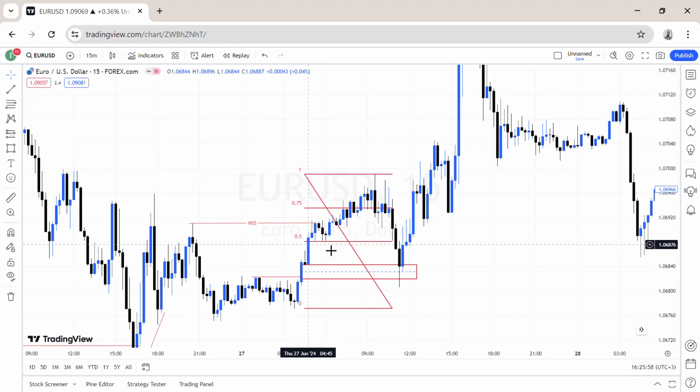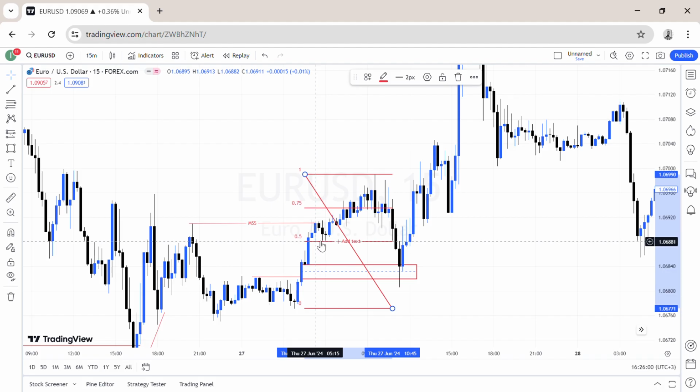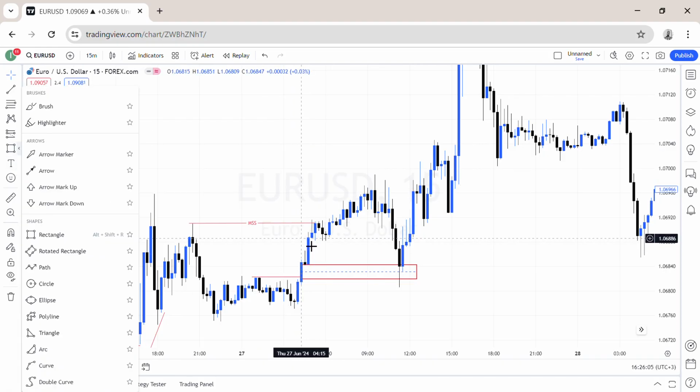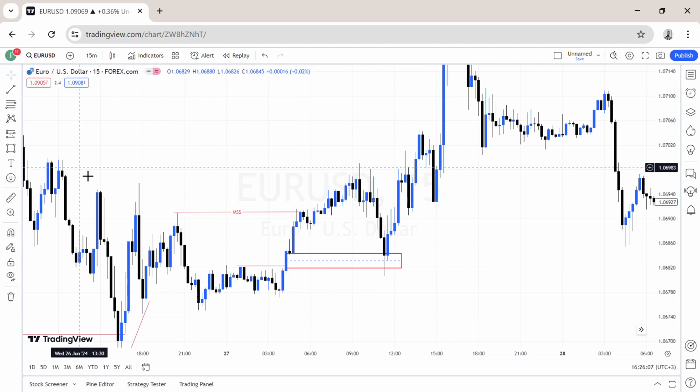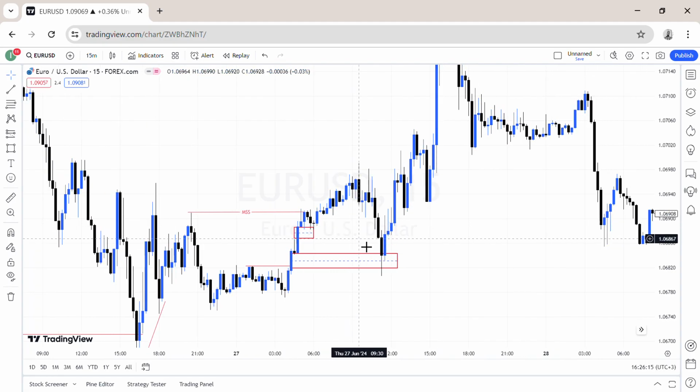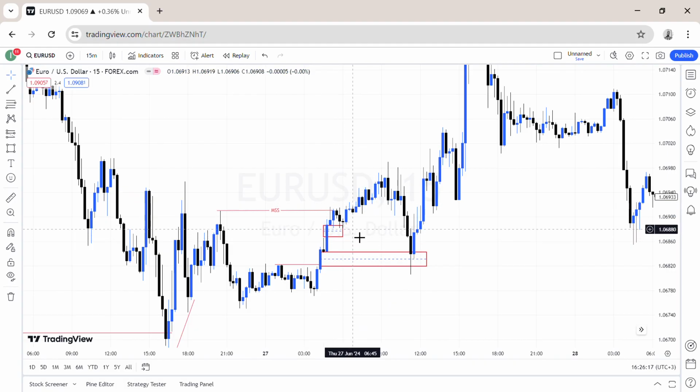And this fair value gap here, let me remove this. This fair value gap here has been traded into, right? This fair value gap has been traded into. So that would have low probability to hold the price, because at the end of the day, again, we can see that part of it is in premium and part of it is in discount.